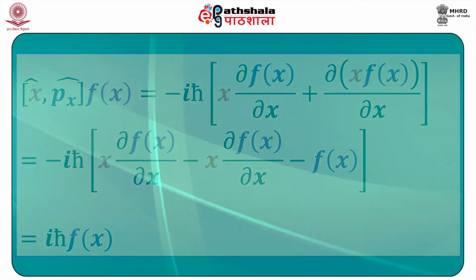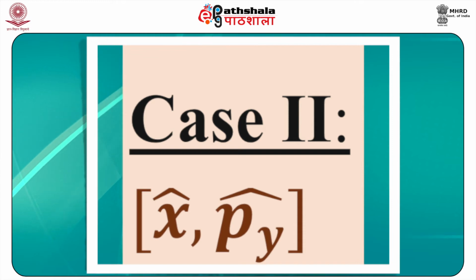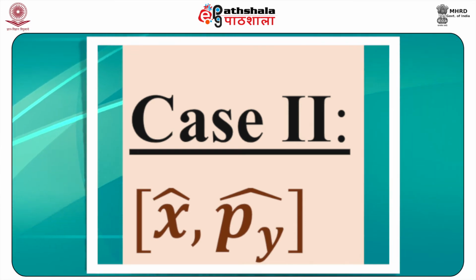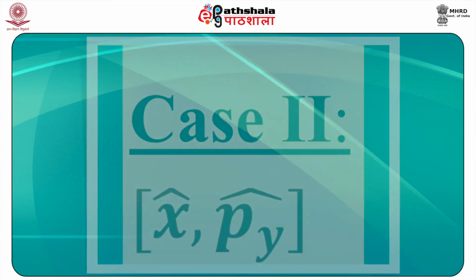That means the position and momentum of the system under consideration in the same direction cannot be determined simultaneously with precision. Now, we come to case 2, where we consider the commutation of position operator x with linear momentum operator py.